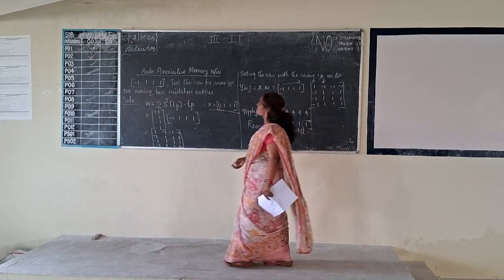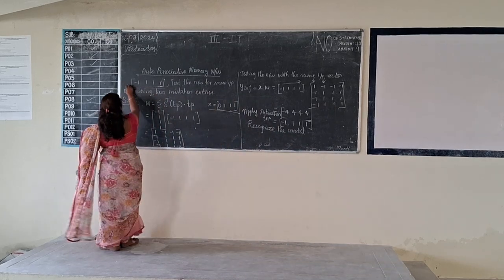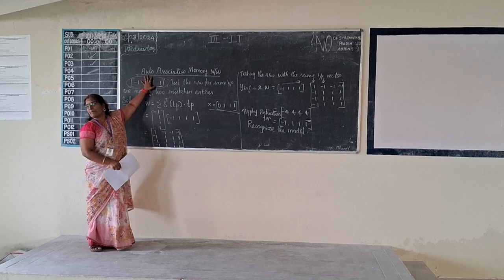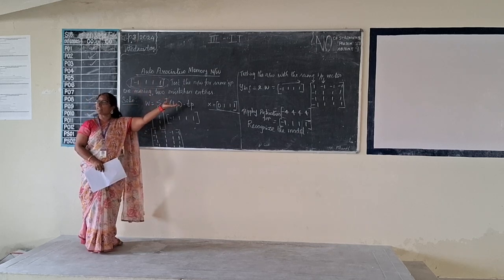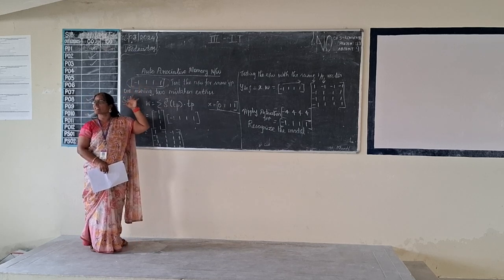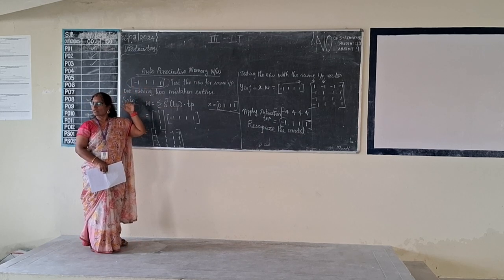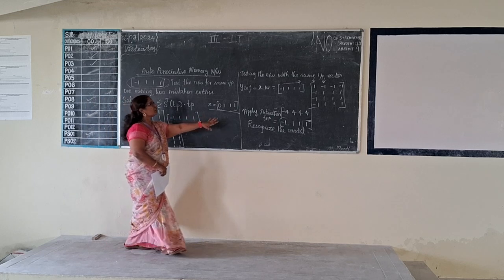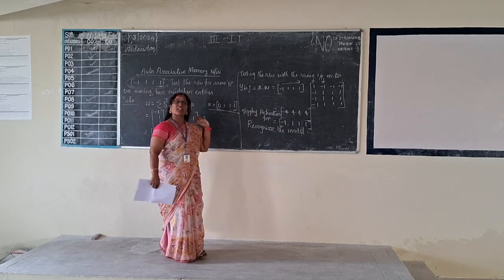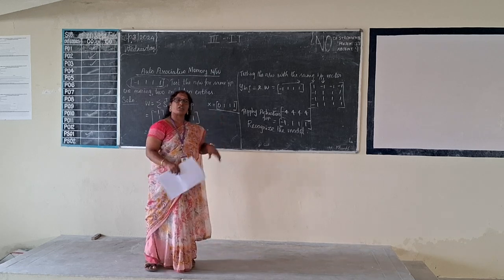Finally you must get the response as this, because I trained my model to recognize only this input. However I give the input, I am getting the result as this. My model is recognizing the input. Okay. So please follow the steps. Find out this value. Let us see whether my model recognizes my input or not.